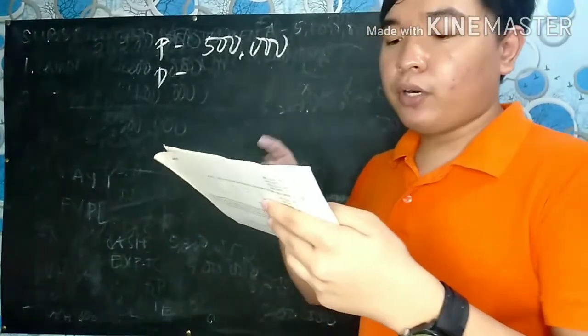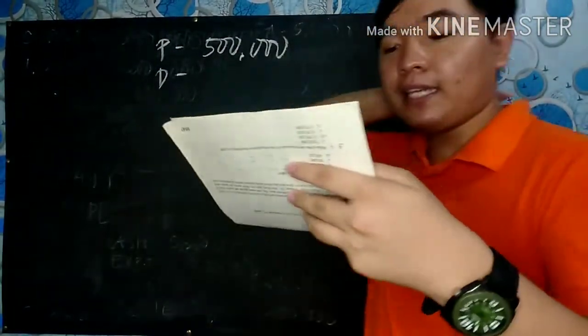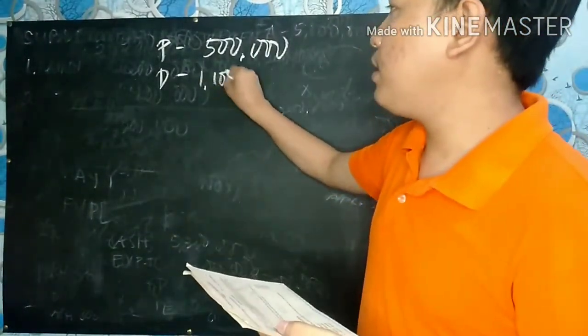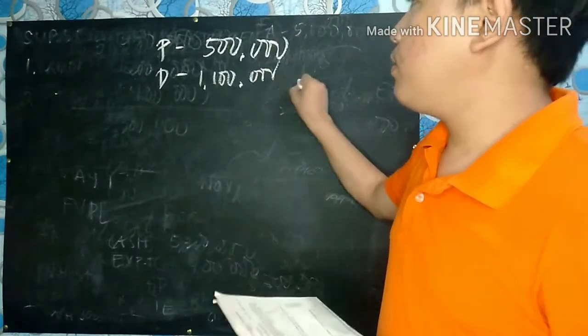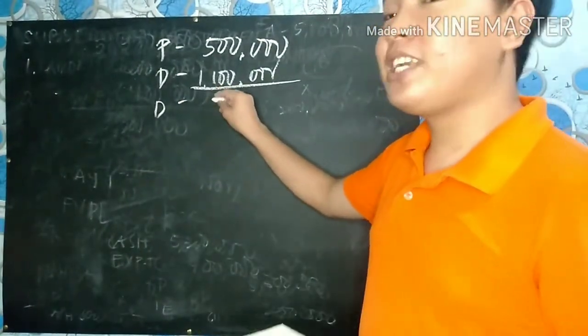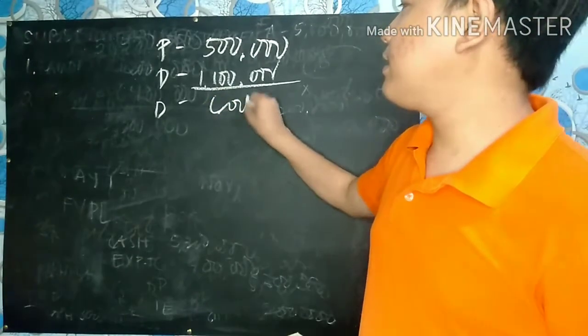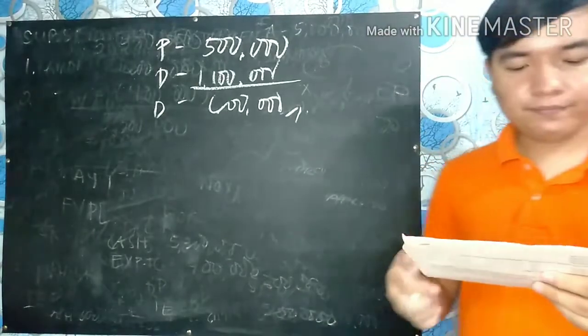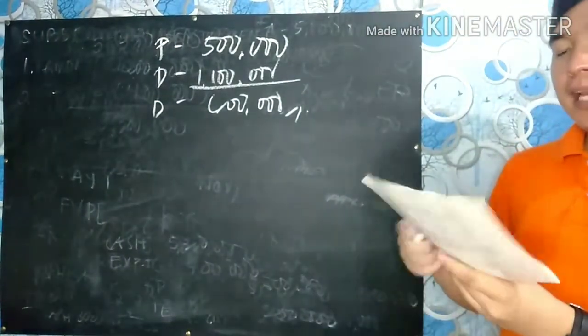Yung nasa baba po, yun po lahat yung bond issue cost. Yung promotion cost, engraving, underwriter, legal fees paid. So, lahat yan, bond issue cost. So, recognize natin siya as discount. So, 1,100,000. The answer is letter B. So, 600,000 discount. Okay? So, ano po yung magiging entry natin dito?